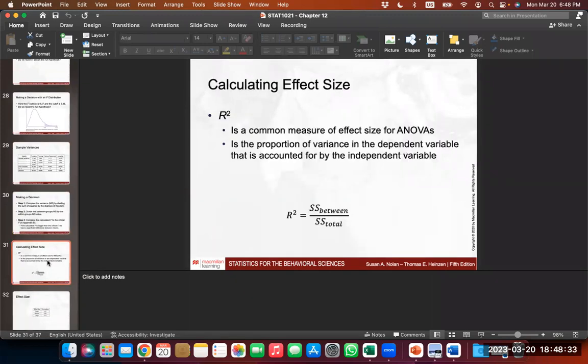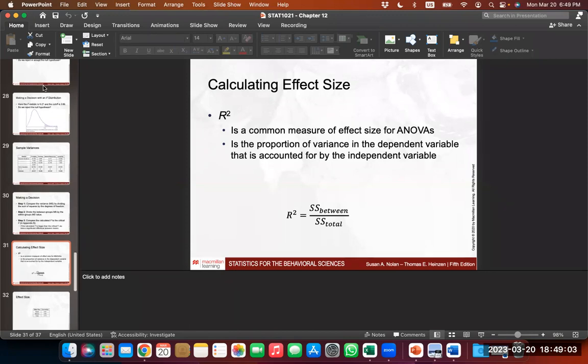And then, just like with the t-test and the z-test, you calculate the effect size. The effect size here is a little bit different because the emphasis is really on how much overlap you have between the groups, and how much the groups actually differ from each other, right? That's why you're calculating the variance between the groups, between those group means, as a fraction of the variances within the group.